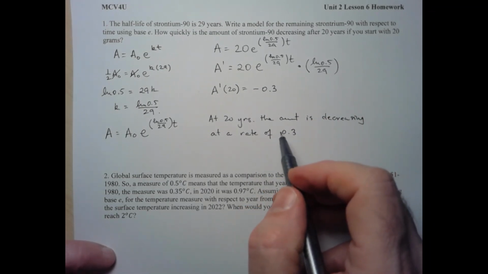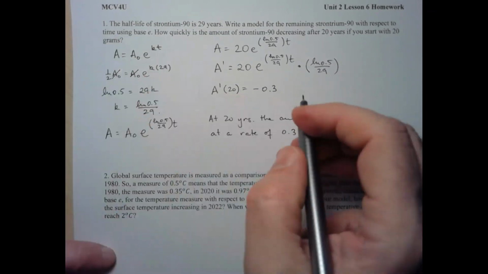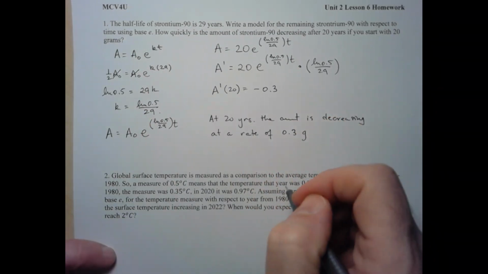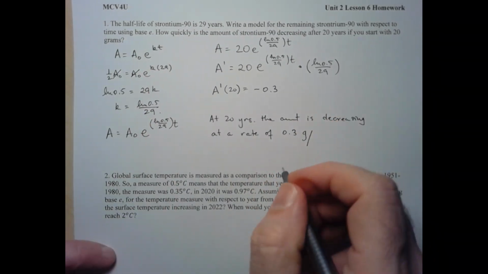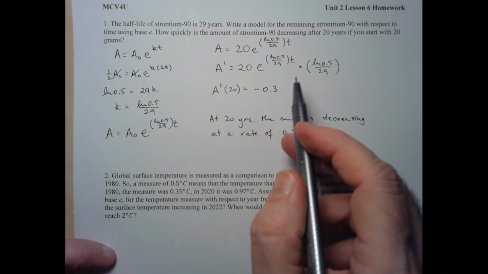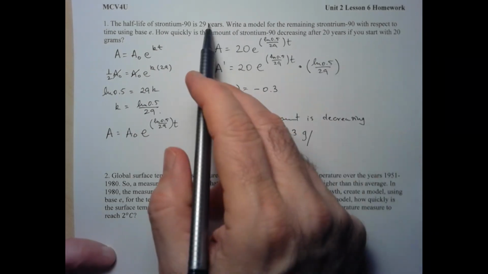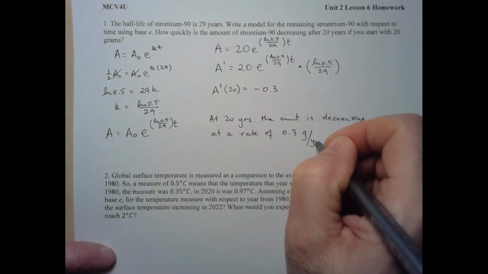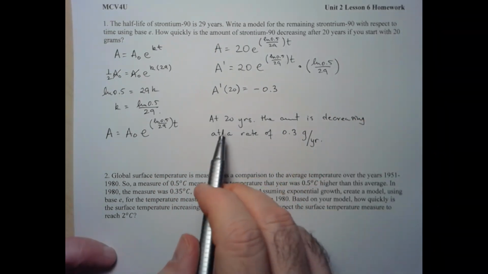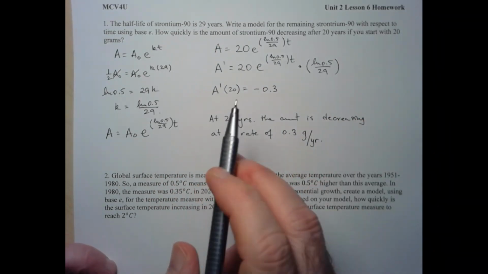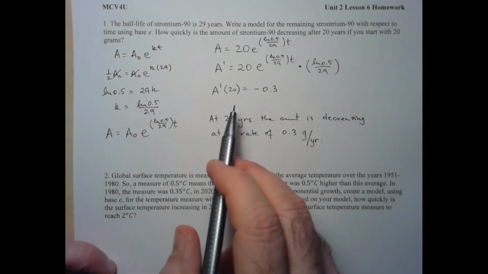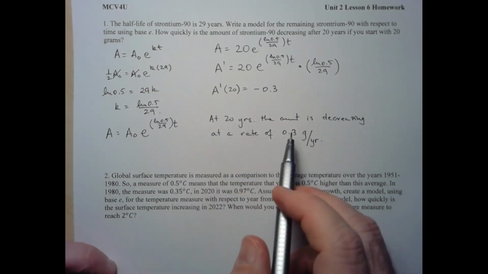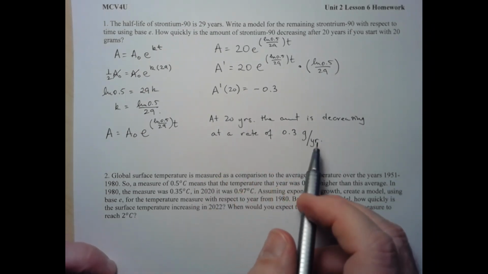Well, the amount is in grams, so it's going to be 0.3 grams per unit of time, and here we wrote this model using years as our unit of time. Okay, so at that very moment in time, the rate at which the amount of strontium is decreasing, it's decreasing at about a rate of 0.3 grams per year.